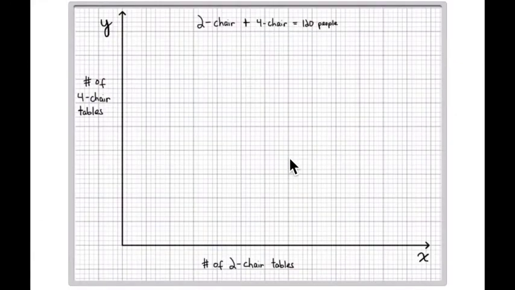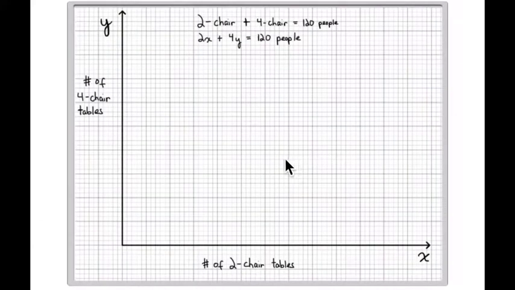Okay, so what does a graph of this look like? You have the equation, which is x is the number of tables that can seat 2 people, y is the number of tables that can seat 4 people. And the total number of people that can be seated is 120 people. So this goes back to, you have 2 chairs plus 4 chairs equals 120 people.